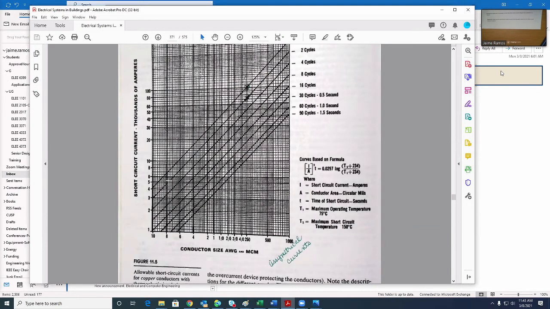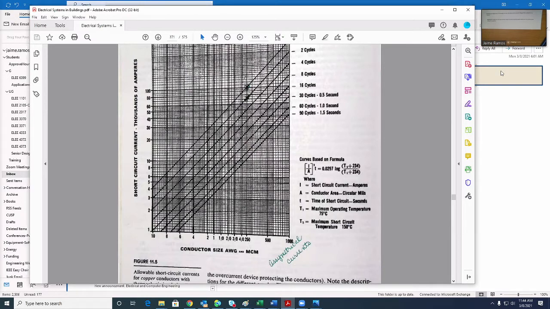You have a software program to calculate the level of short circuit current, and then you use the gauge of the conductor on the horizontal. Then you look at this plot, choose one of the curves, and see where they intersect.